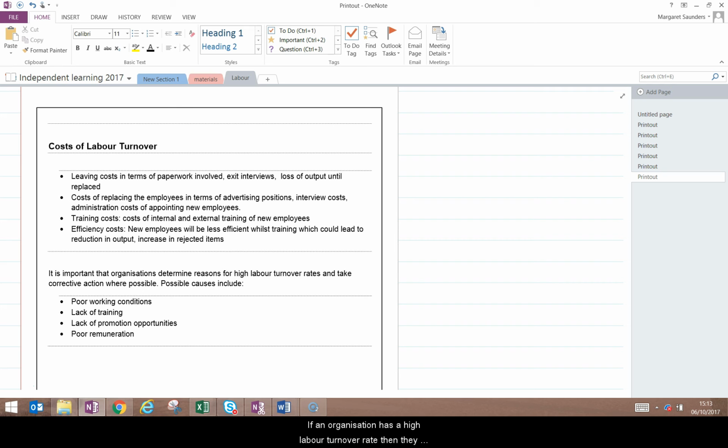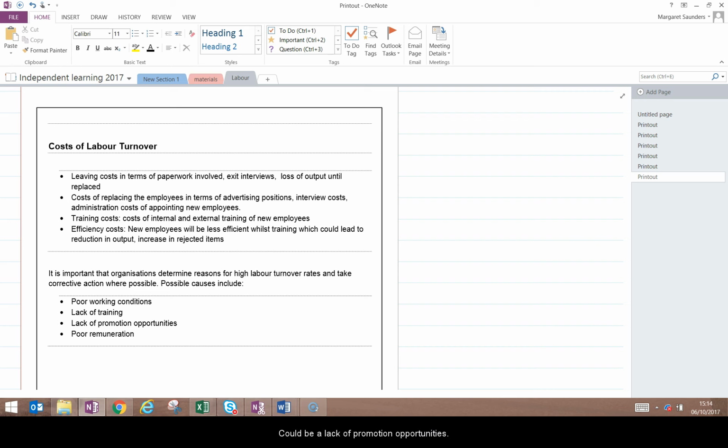So if an organisation has a high labour turnover rate, then they need to try and determine the reasons why, and if possible then take corrective action. Possible causes for employees leaving could be poor working conditions. It could be they feel that they have had a lack of training.